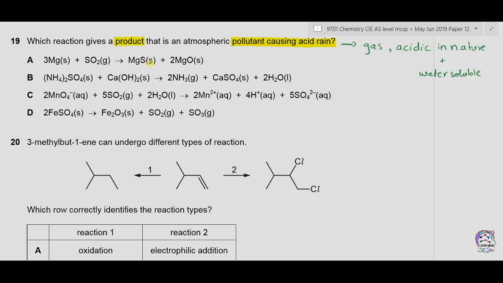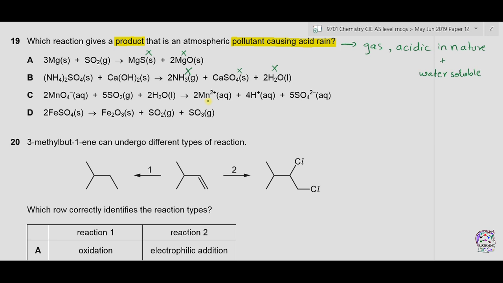In the first one we have magnesium sulfide solid and magnesium oxide solid. Both are solids, so therefore they are not gases. In B we have ammonia gas, which is basic in nature, so it is not an acidic gas. Again, calcium sulfate is solid and water is liquid, so therefore these are not the correct options.